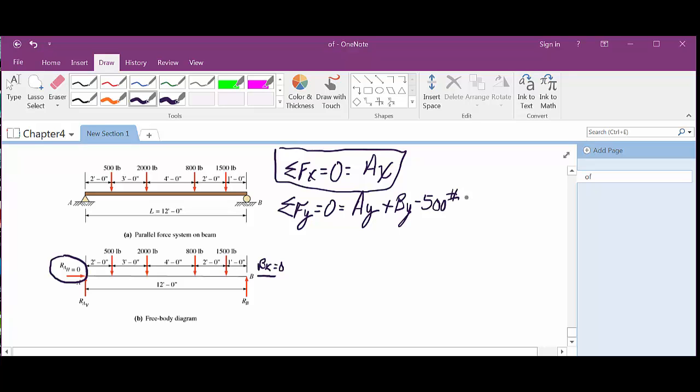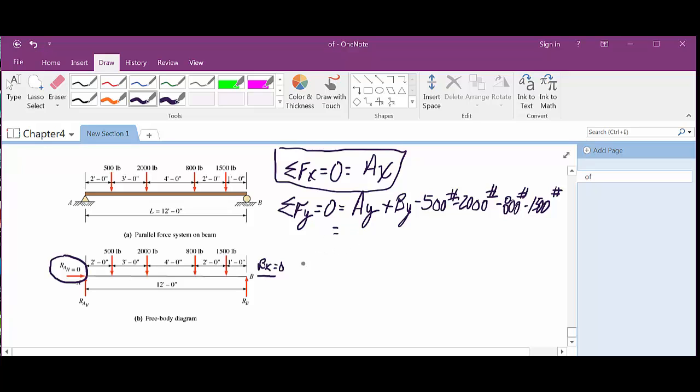Don't just add them up and list them. Show me all of them. Minus 800. Minus 1500. Oh, we got 2 unknowns. We can't solve for that, can we? Not just yet. So we'll leave that there.